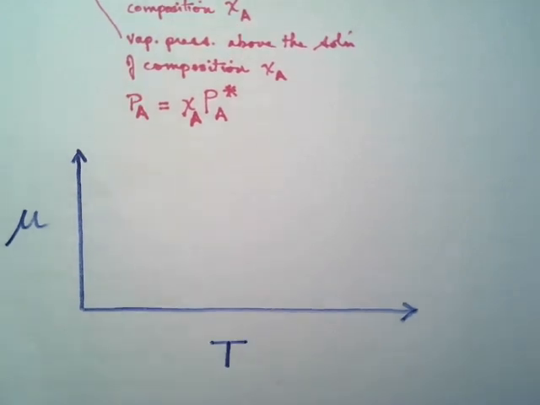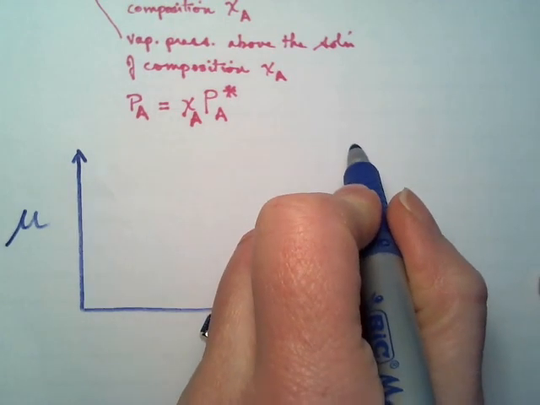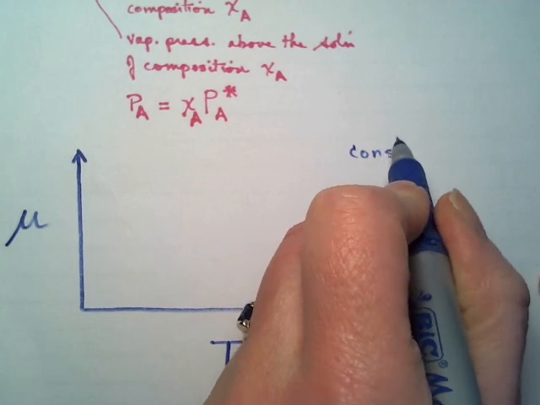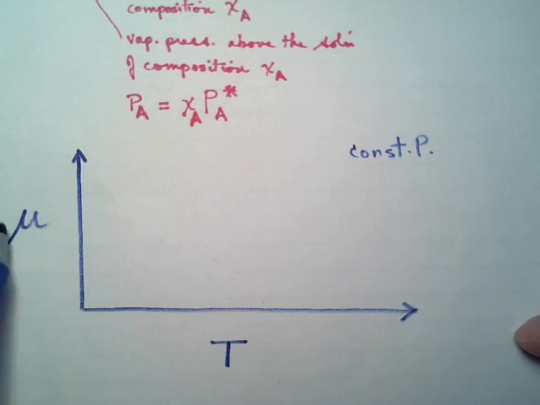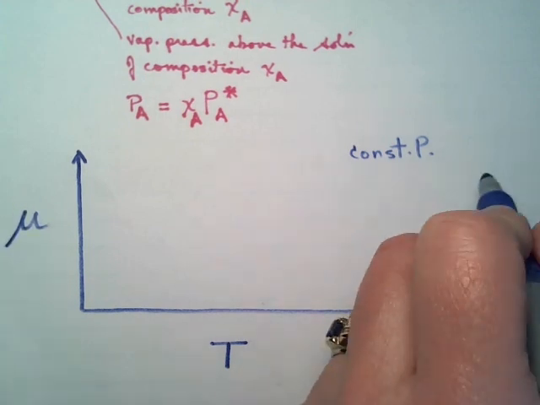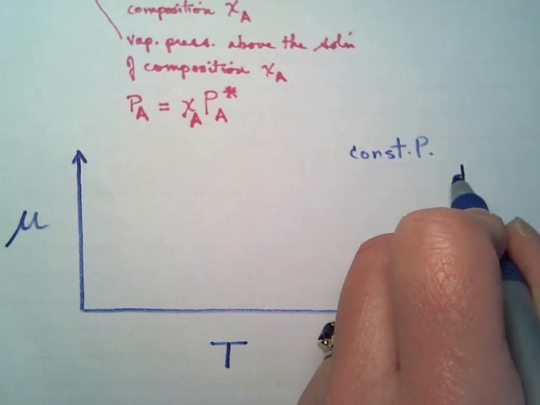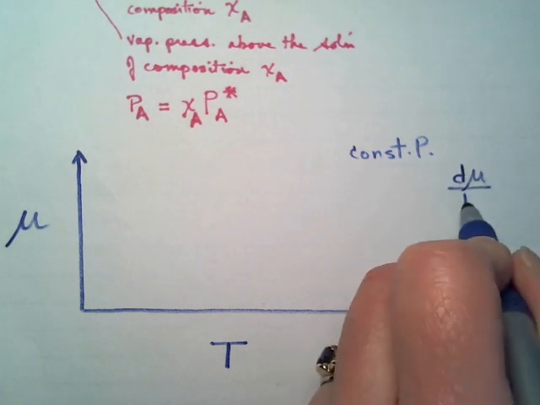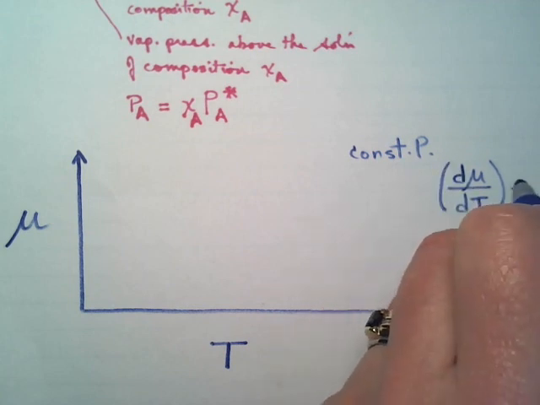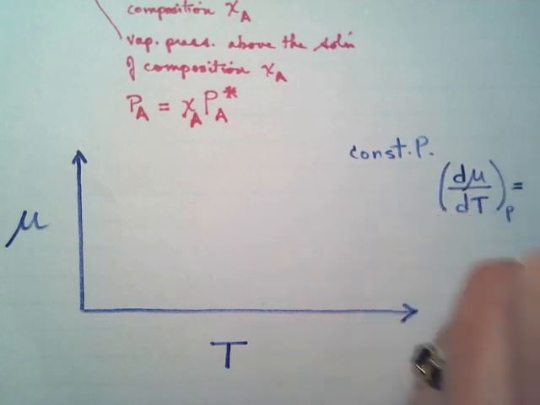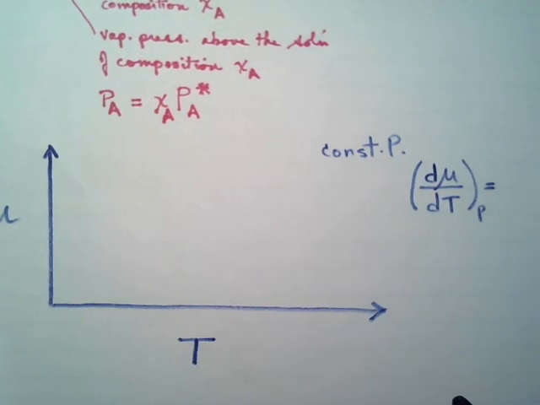And of course the context here is that it's a constant pressure. I know what d mu by dT at constant pressure is. We know that this, you spent a lot of time on this in class, is equal to, you want to take a stab at that?